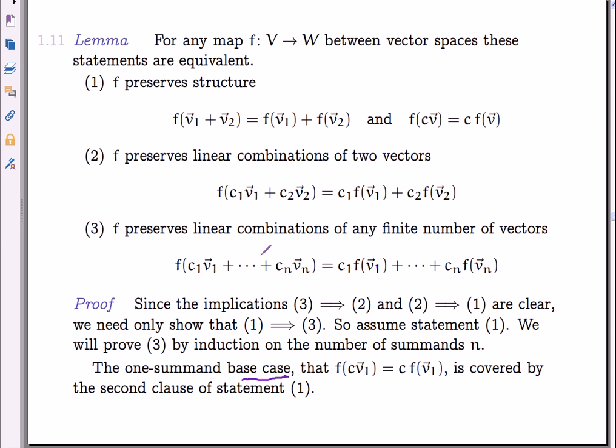Now when n equals 1, the statement is f of c1 v1 is equal to c1 f of v1. That's exactly the statement here. We're assuming 1, so we assume this is true. So statement 3, when n equals 1, follows immediately from this part. So we've covered the base case when n equals 1.